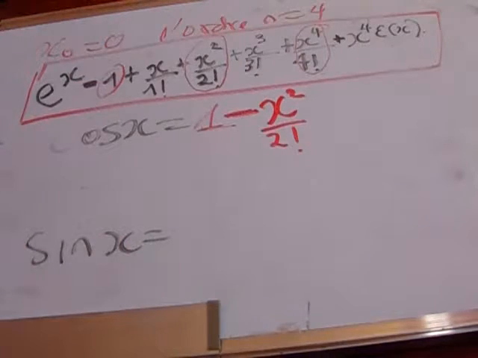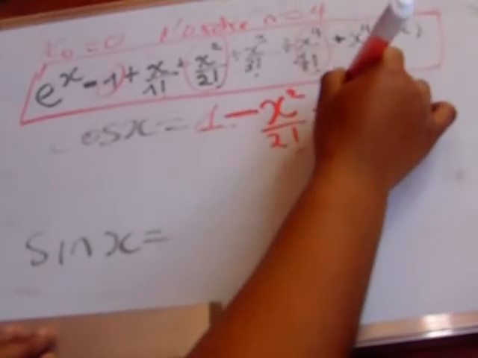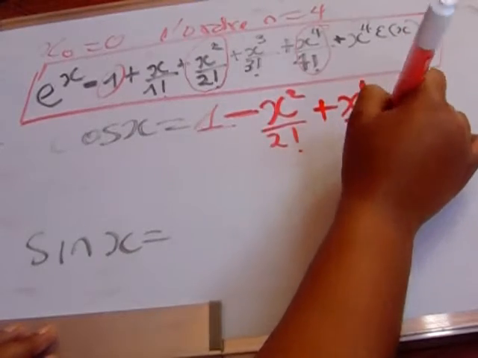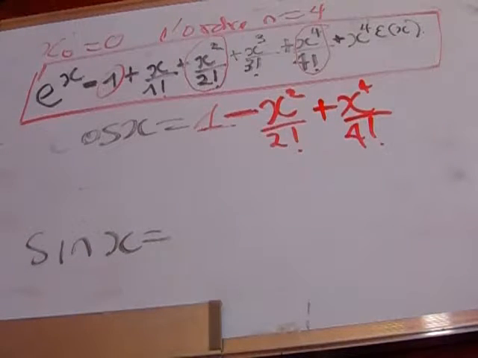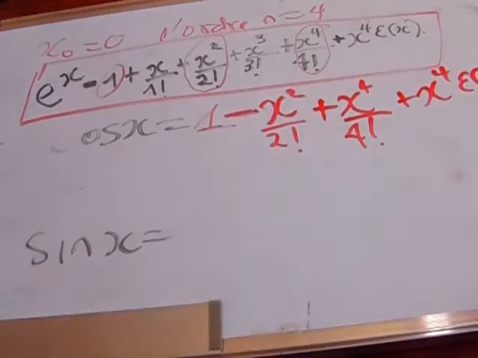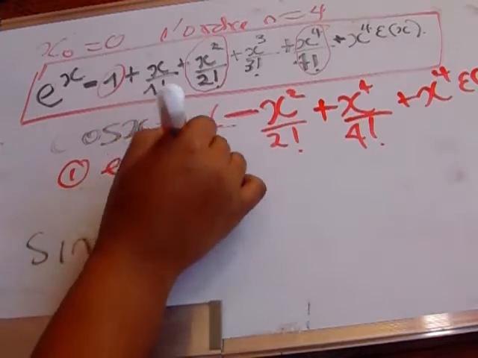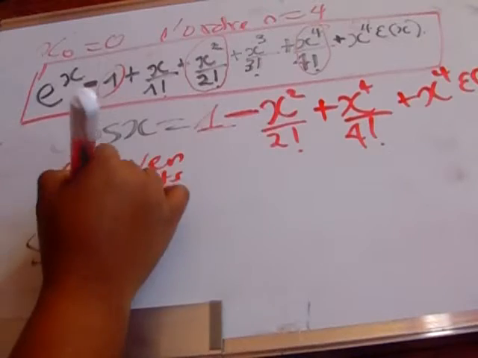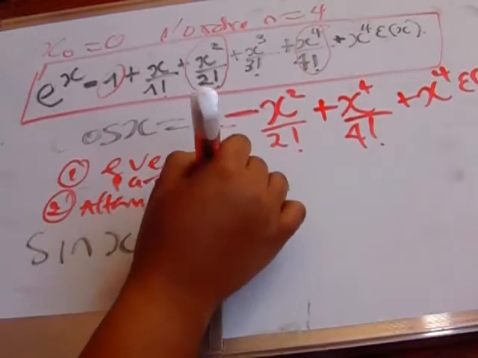Then the next one, which is x raised to the power of 4 over 4, becomes plus x raised to the power of 4 over 4 factorial. Yeah, you guessed right. The next one will be minus x raised to the power of 6 over 6 factorial. Then plus, minus, plus, alternating the signs while picking out the even part from your exponential x. Pretty straightforward too. So 1, you take the even parts, and 2, you alternate the signs.